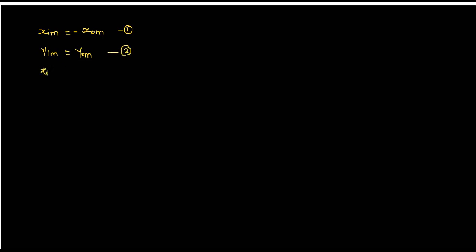And the third one is ZIM is equal to ZOM, which also has no negative sign. Is that clear? Yes. So this is what we have learned now. And I already told you one property, that only along the x-axis it is inverting. That's why we are getting the minus sign along the x-axis.